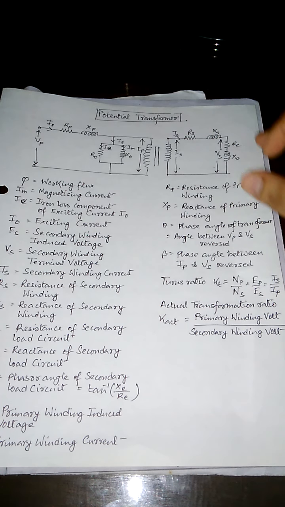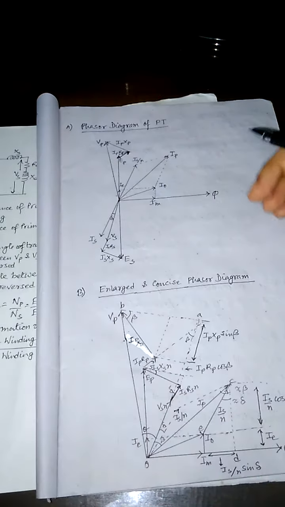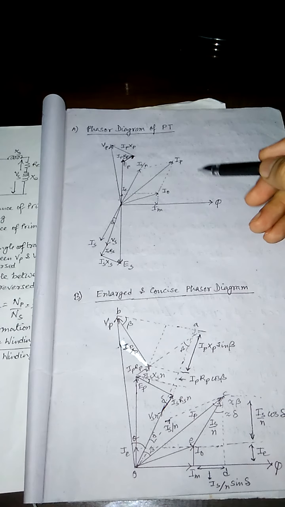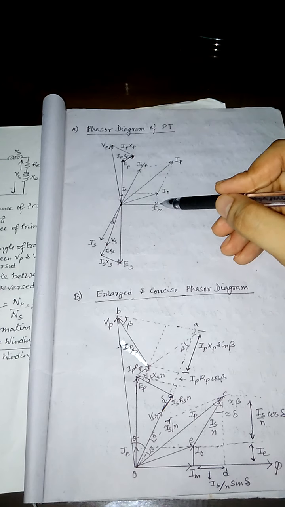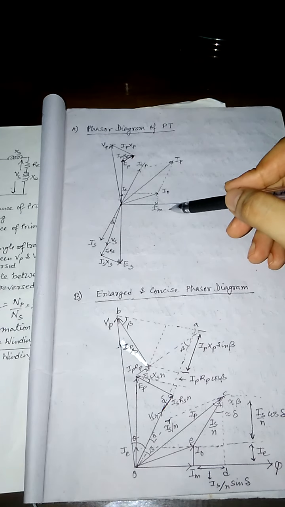Now based on that, if we draw the phasor diagram, this is the phasor diagram of the potential transformer. We know that the magnetizing current component Im and the working flux phi will be in the same phase.